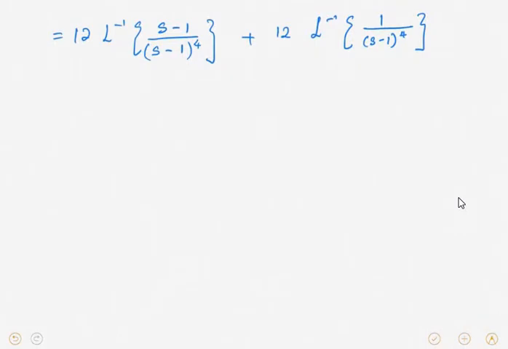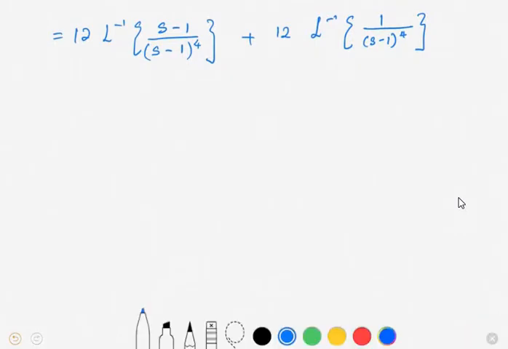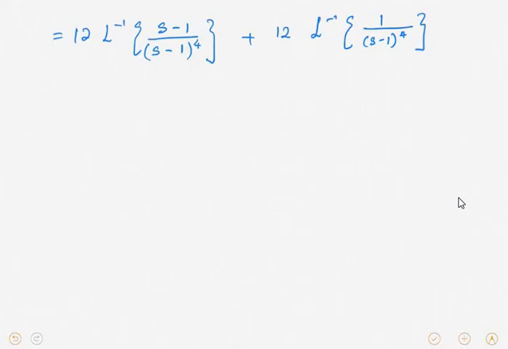If we look at this one, we can cancel out (s minus 1) with one factor in the denominator, so we are left with power 3.